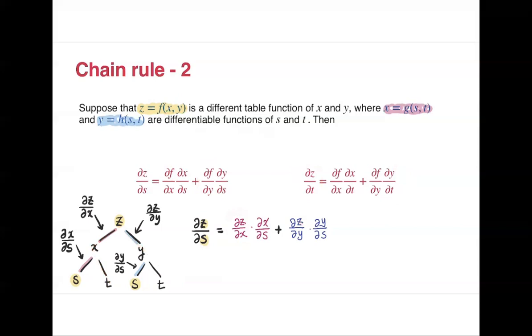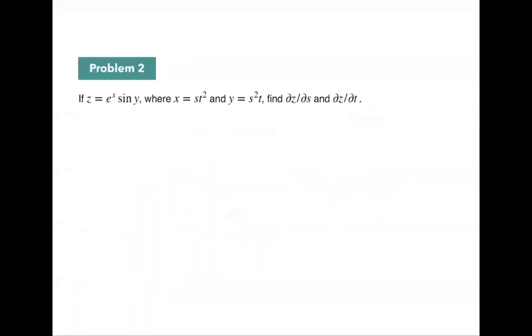Okay, let's go to the problem. Here you can see that z is a function of x and y, and x is a function of s and t. Y also contains s and t. So in this case, if we want to find ∂z/∂s, let's think about z and s.